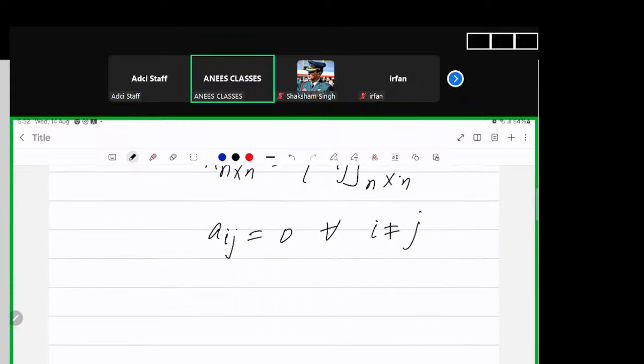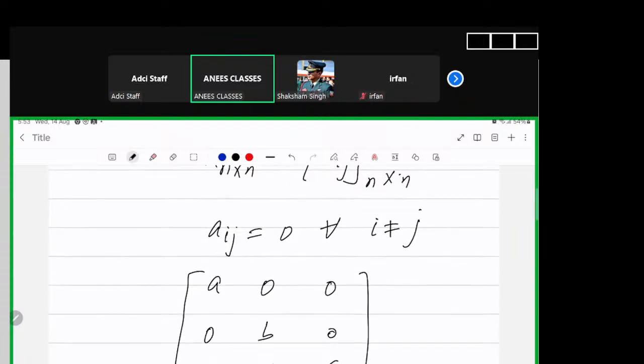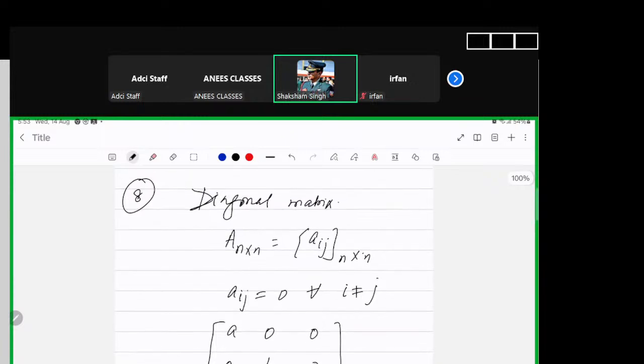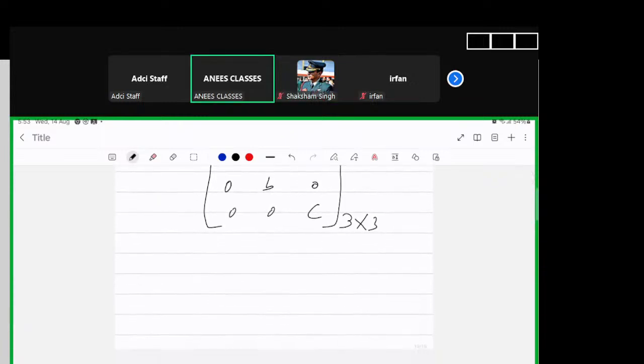This is the diagonal matrix: a, 0, 0, 0, b, 0, 0, 0, c. Understood? This is a 3 by 3 diagonal matrix. Tell me. Yes, sir. Understood, sir.